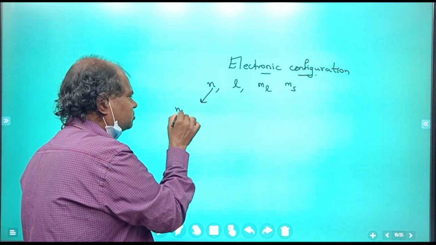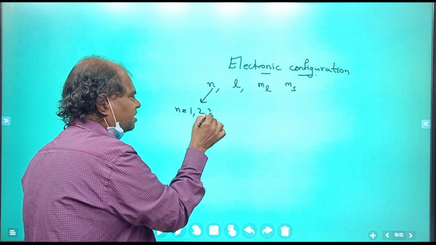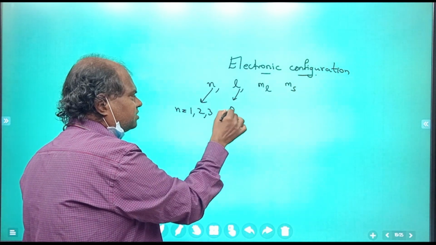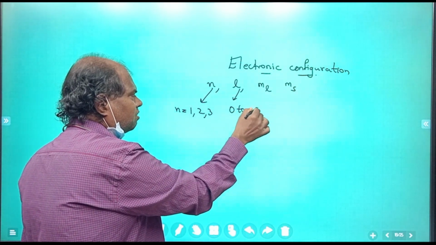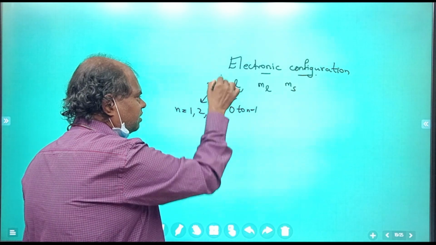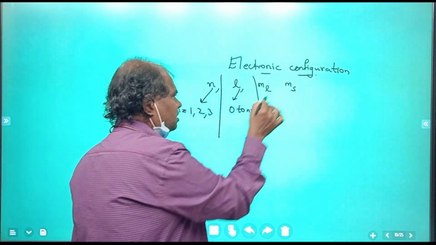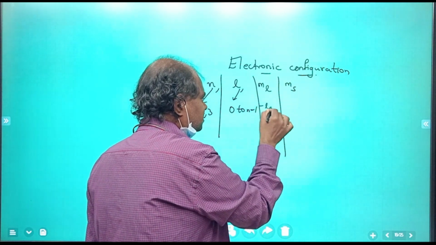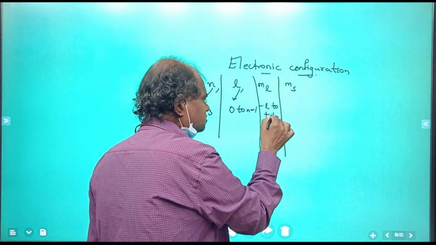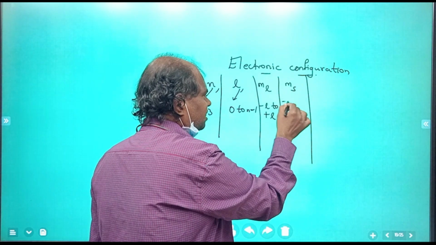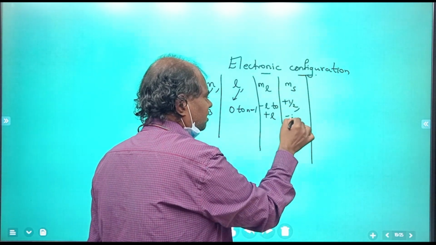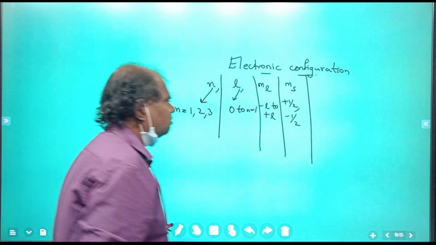n can take the values 1, 2, 3, etc. Right? l can take the values from 0 to n minus 1. Very, very important. 0 to n minus 1. ml can take the values from minus l to plus l. ms can take only 2 values, plus half and minus half. I'm just quickly revising it.